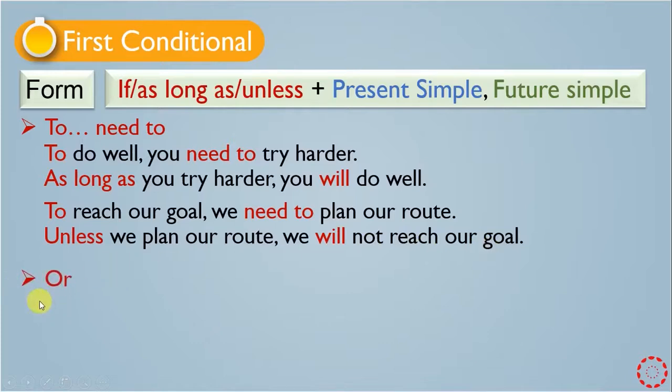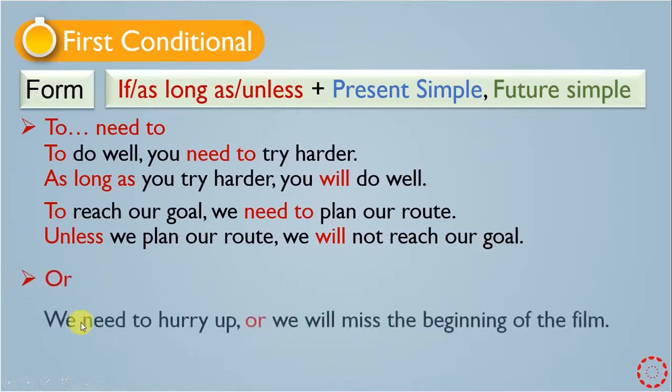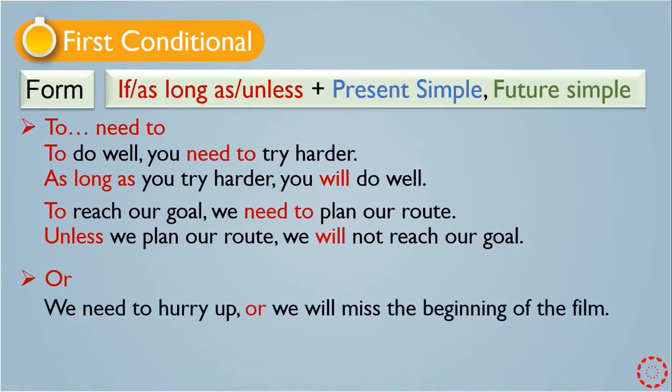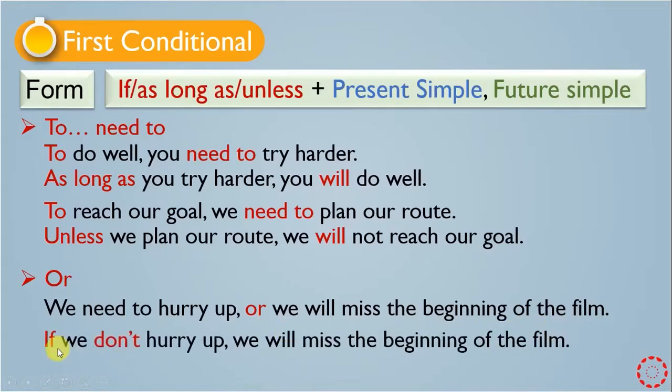And also we have "or" here. With "or," how can we change "or" to "if" or "as long as"? Look at this example. We need to hurry up or we will miss the beginning of the film. So let's change it to "if." If we don't hurry up, I mean with "or" we should negate the conditional statement like this.